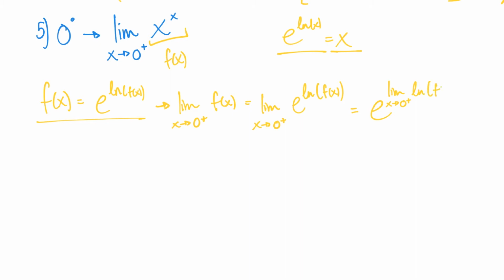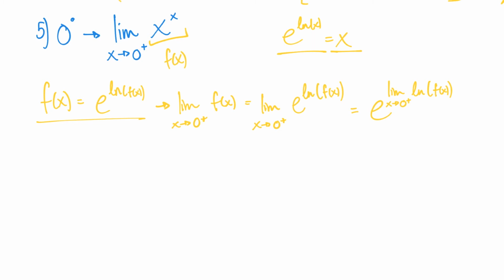And this is just a property of limits. It's the same thing that you can do with a sine. For example, if you have a limit of sine of x, you can put the limit inside the sine, or inside any function, as long as the function is continuous for all real numbers.